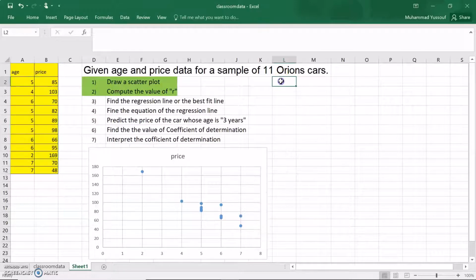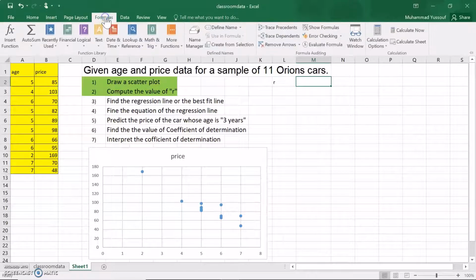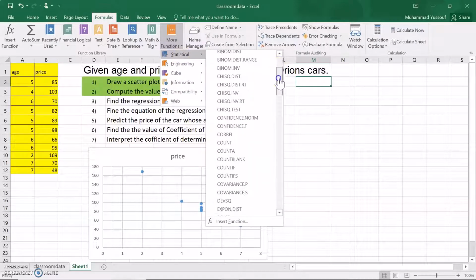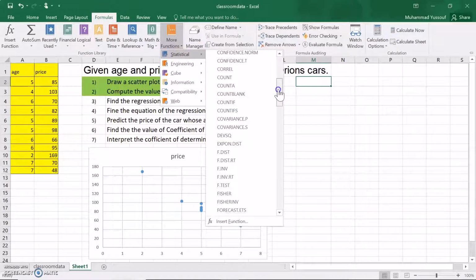Now I do the second part: I'm going to compute the value of R. I hope you remember that in my previous video I computed this value using the CORREL function. So I'm going to use the CORREL function. We go to Formulas, More Functions, Statistical, and look for the CORREL command, C-O-R-R-E-L.